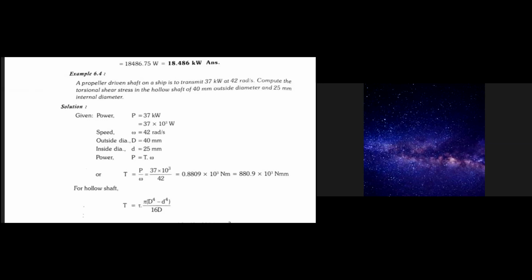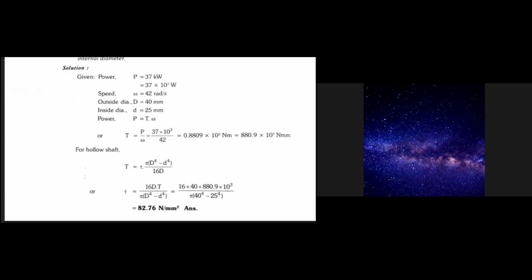For a hollow shaft, torque T is equal to tau into pi into capital D power 4 minus small d power 4 by 16 capital D. So substitute the given values.